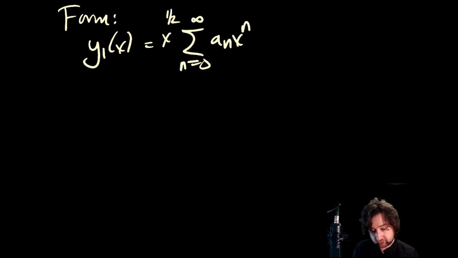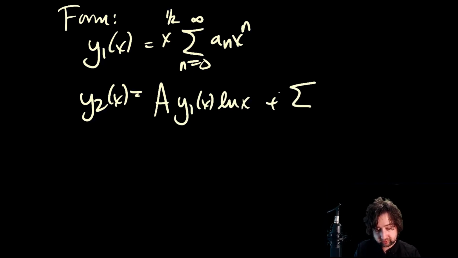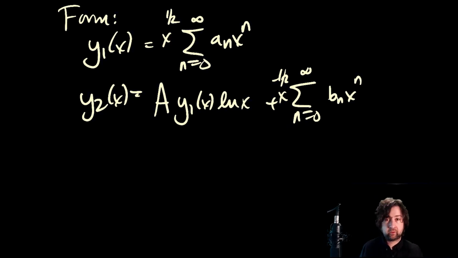And the second solution looks like capital A times y1 of x, natural log of x, plus a Frobenius series, x to the minus 1/2, n equals 0 to infinity, bn x to the n. Now, I still need to figure out if the A is 0 or 1 based on the recursion.